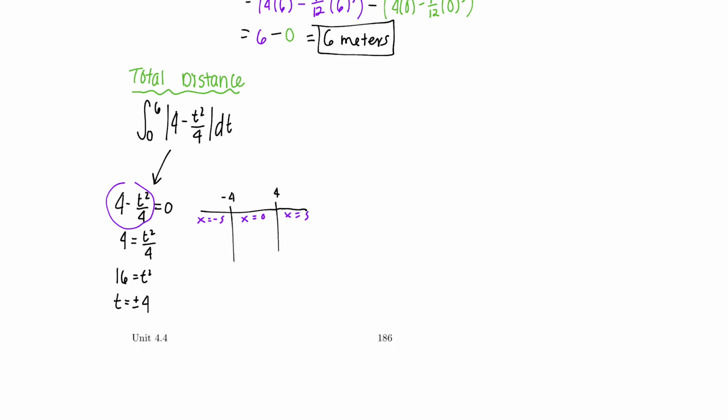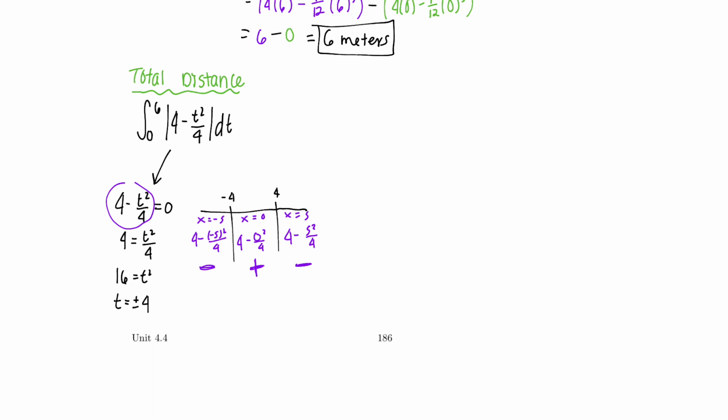If you do it this way without factoring, you have to actually plug it in, but this is going to come out to be a negative number. If you plug in 0, this is 4 minus 0 squared over 4, so that's positive. And if you plug in 5, that's why it's nice to have it factored, but you can do it without factoring. You have to plug it all in, negative.